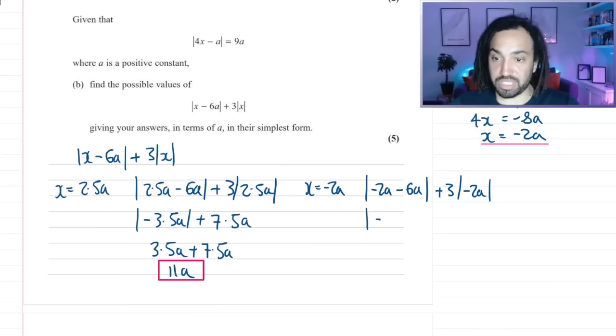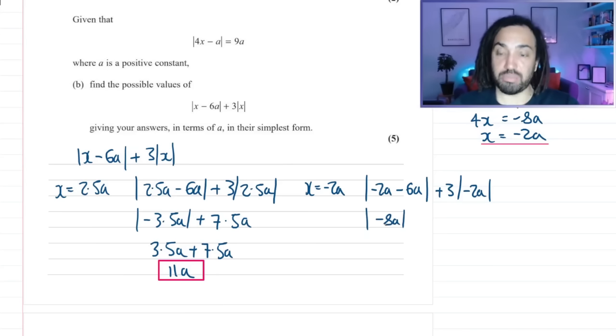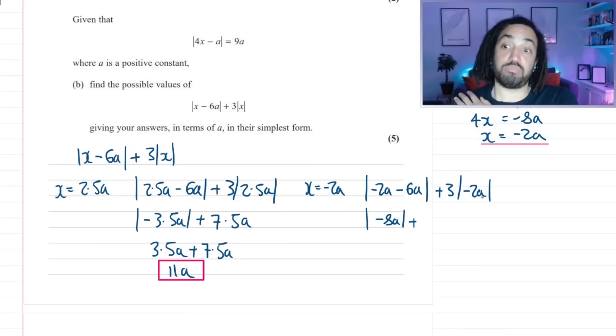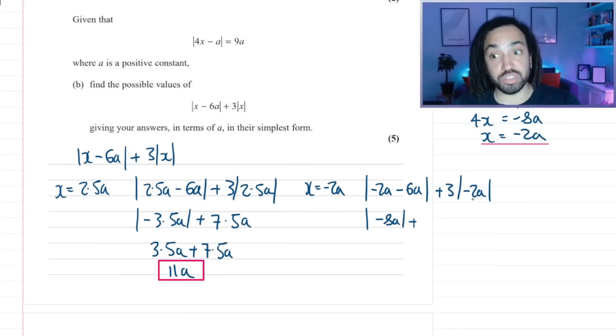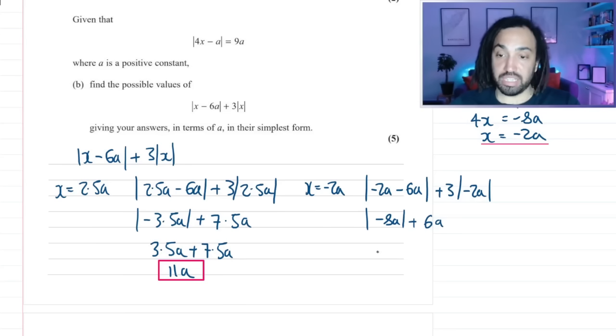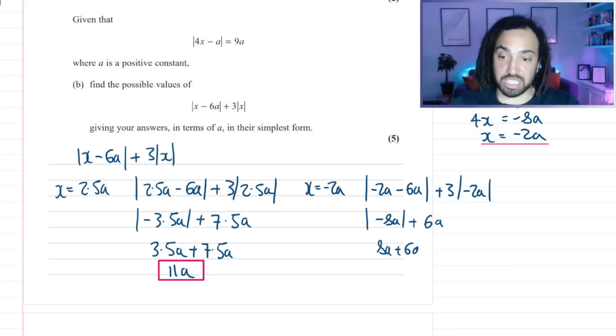Okay, so this is modulus of minus 8a plus, okay, so what is this? So the modulus of minus 2a is positive 2a, so we always take the positive, times by 3, so that's just 6a. So this is 8a plus 6a, which is overall 14a. So those are our two answers for this question.